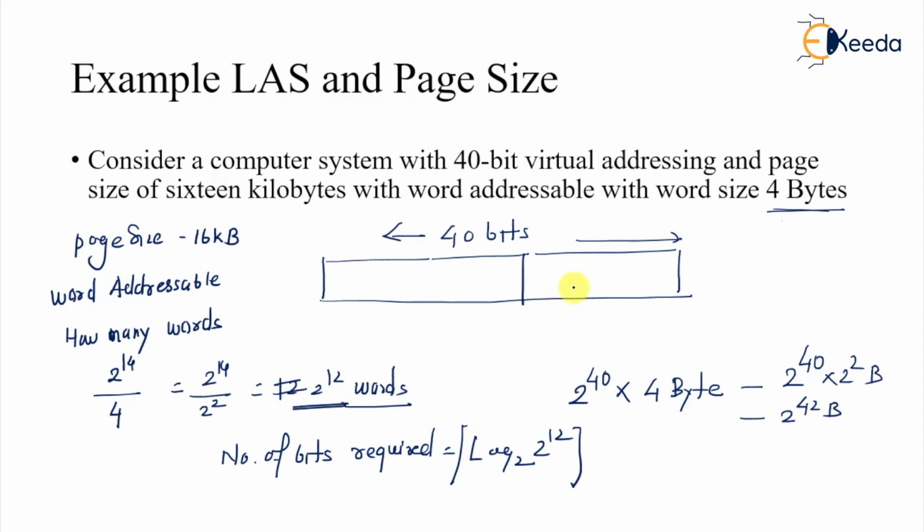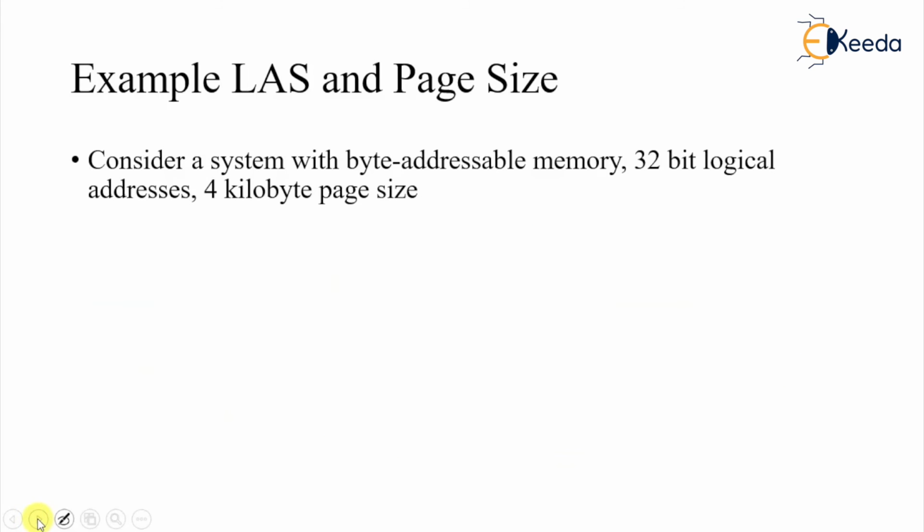In this case this will become 12 bits, and the remaining, since 40 bits are there, is 28 bits. Okay, so this is how addressability changes the entire scenario, and this is how the calculation will be done based on whether it is byte addressable or word addressable.